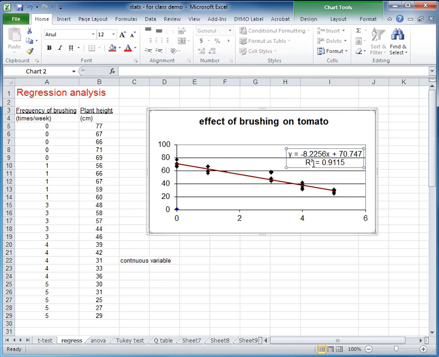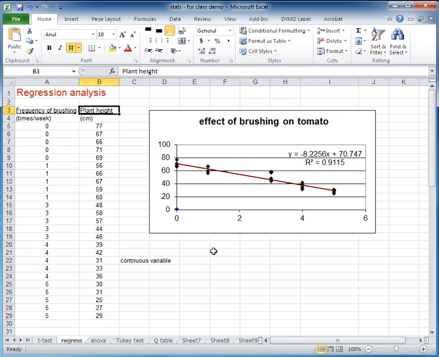Another interesting number here is this r-squared deal. And if you took statistics, you might remember this. The r-squared is the coefficient of determination. In this case, it's a number between 0 and 1. In this case, it's pretty darn close to 1, 0.92, say, 0.91. And what it tells us is the degree of correspondence between the x and the y variable.